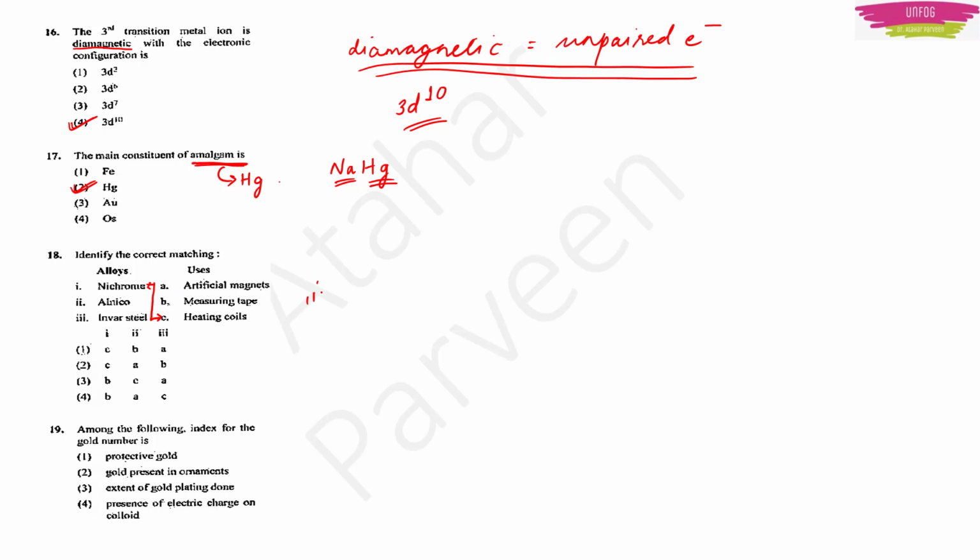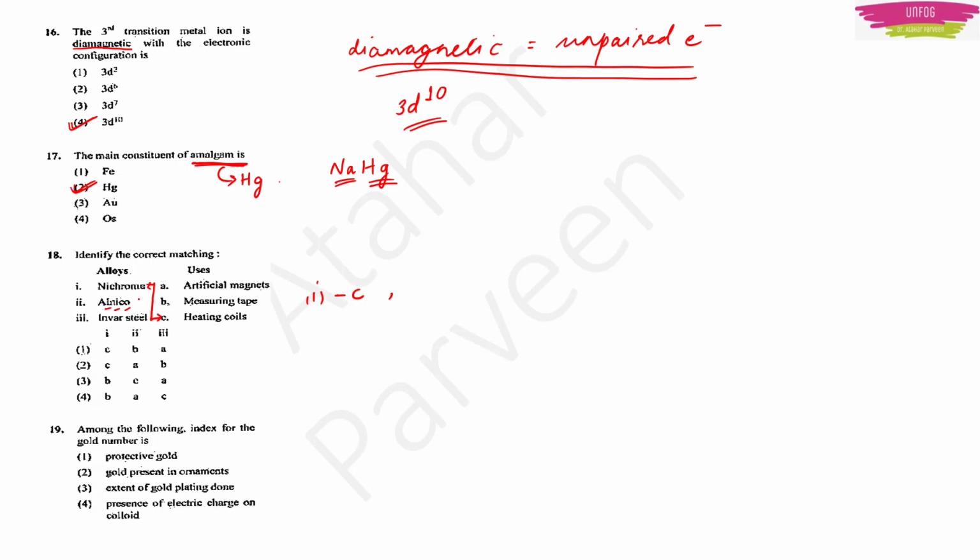So let's write down our matching order. The first should have C as the answer. Next we have alnico. Alnico is an alloy of aluminium, nickel and cobalt, and it is used in making artificial magnets.